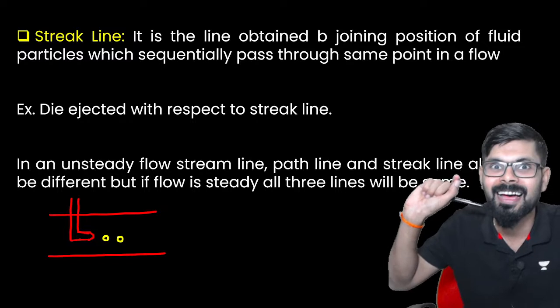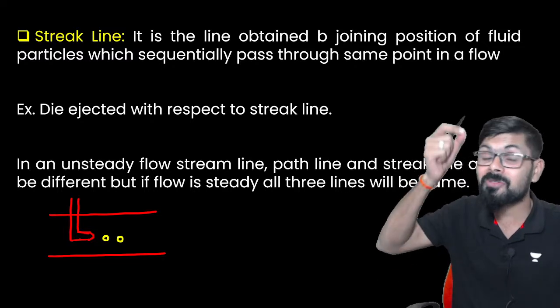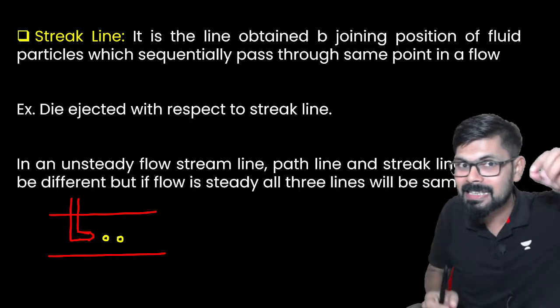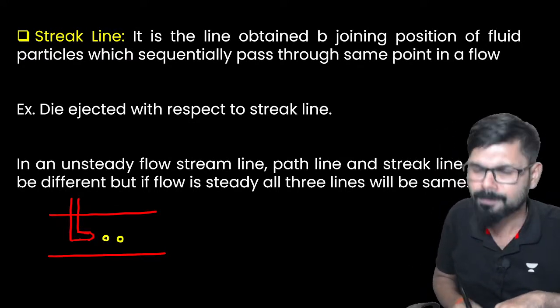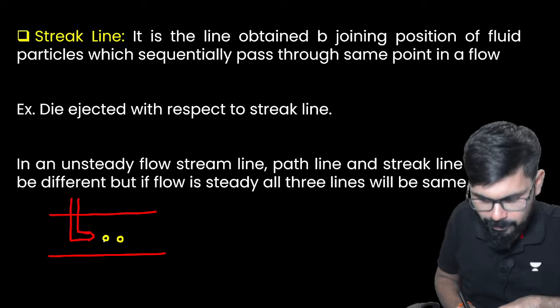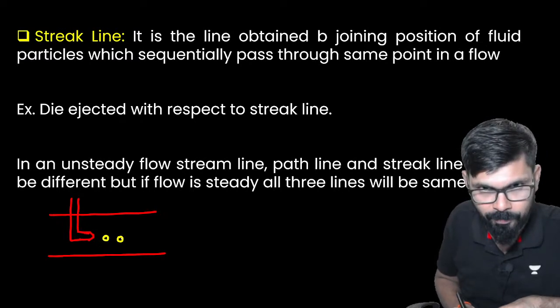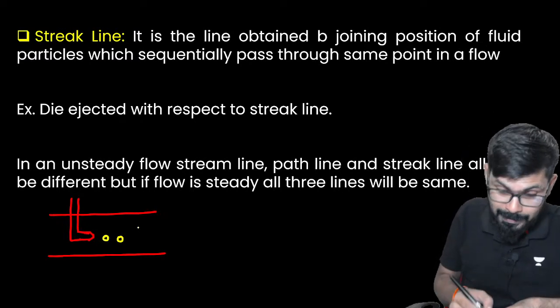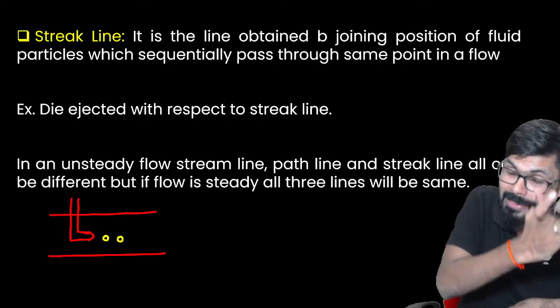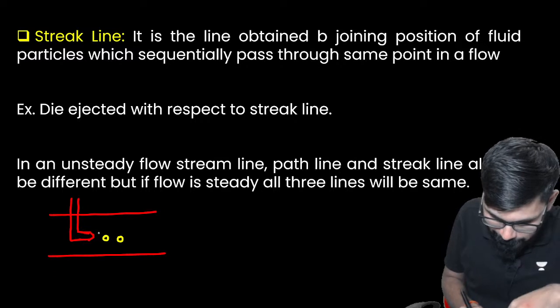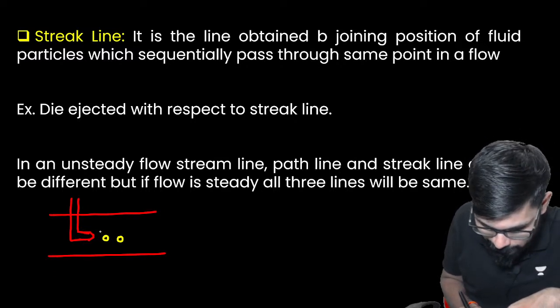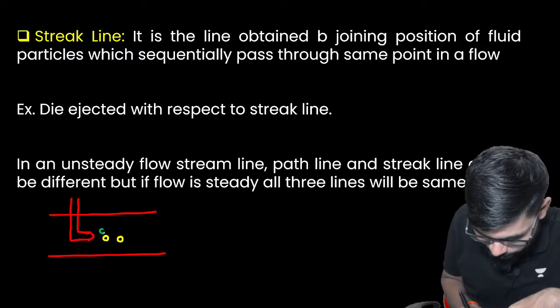Look here, every single second I am dropping one ball. The first ball I dropped, after 1 second it will be here, after the second second it will be here. Then after 1 second again I drop one ball, let's say green color. For green, let's say it is somewhere here.